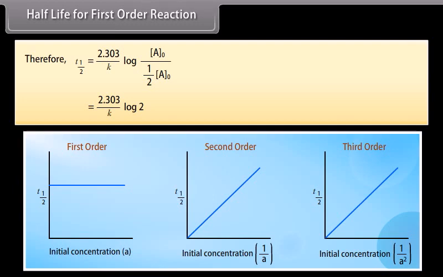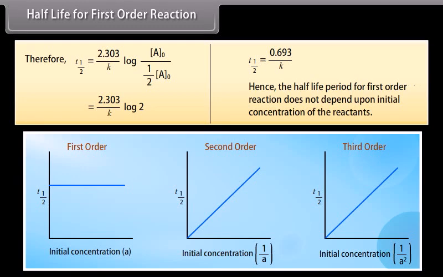It can be written as t half is equal to 0.693 divided by K. Hence, the half-life period for first-order reaction does not depend upon initial concentration of the reactants.